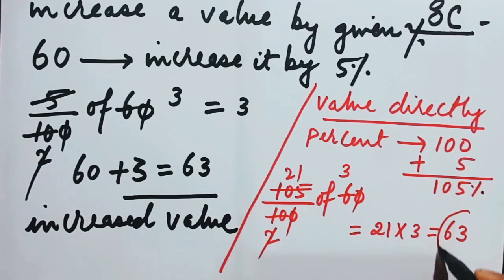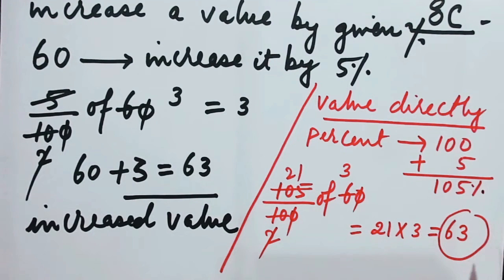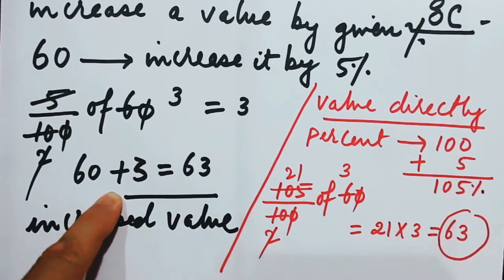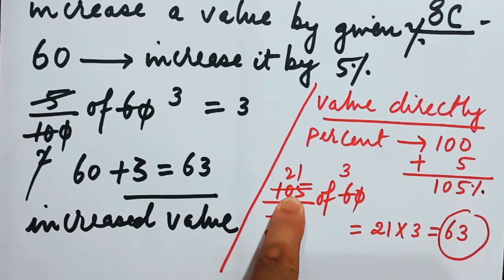This means the same sum can be solved one by the traditional method and one by directly using the formula.